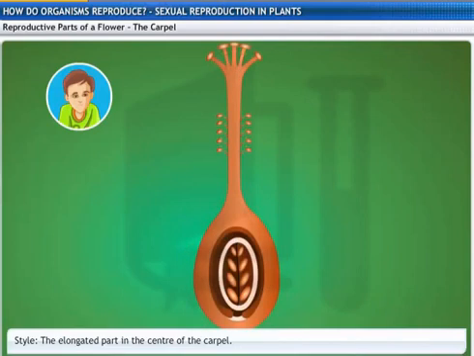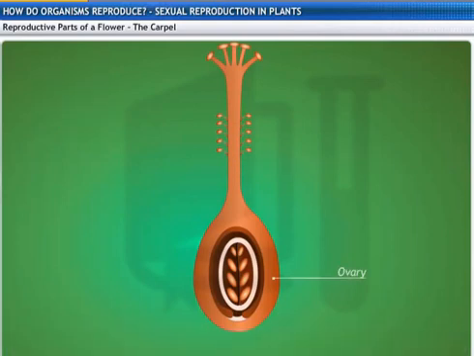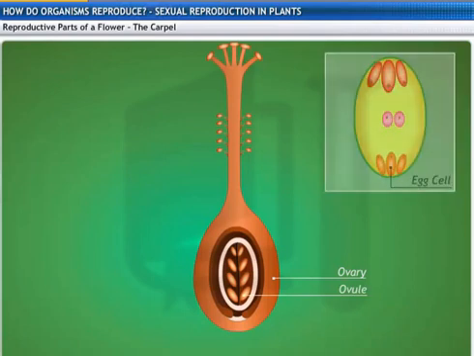So the middle elongated part of the carpel is the style, and this swollen part at the bottom is the ovary? Yes, you got it. Now let's look at the ovary. The ovary contains ovules and each ovule has an egg cell.